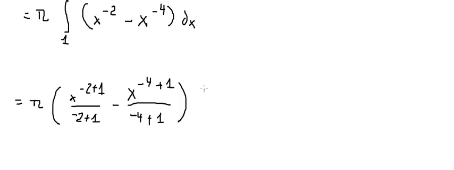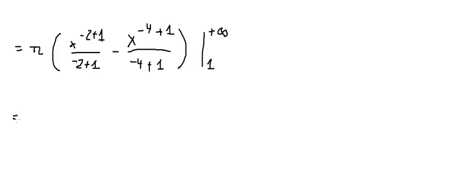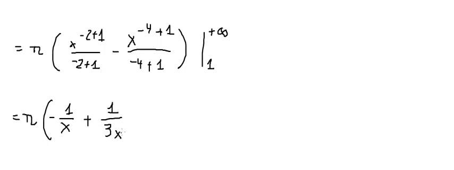We put the bounds from 1 to positive infinity. If we simplify, we have negative 1 over s here, and for this one we have 1 over 3s to the power of 3.